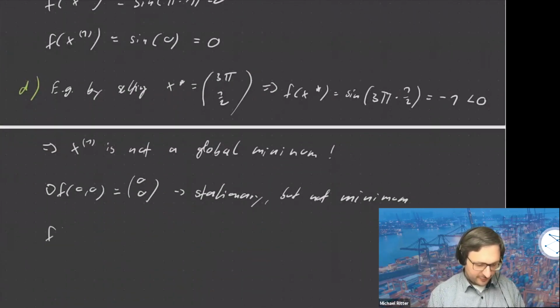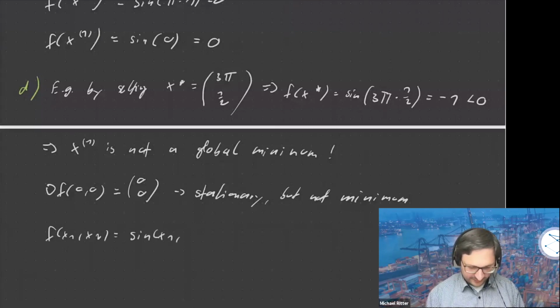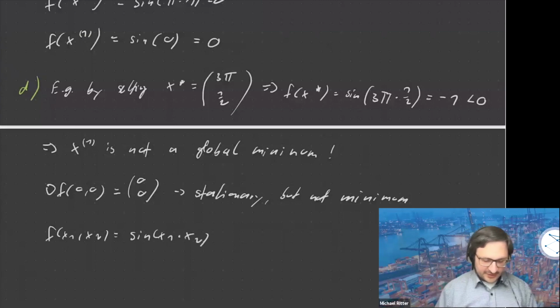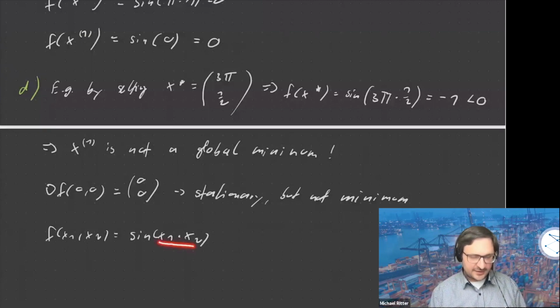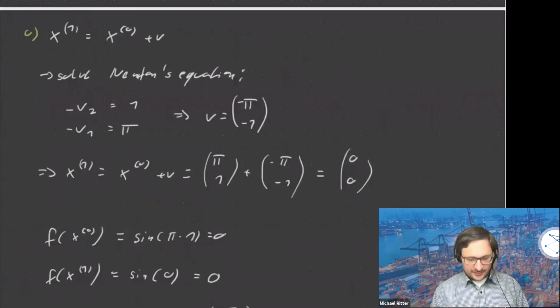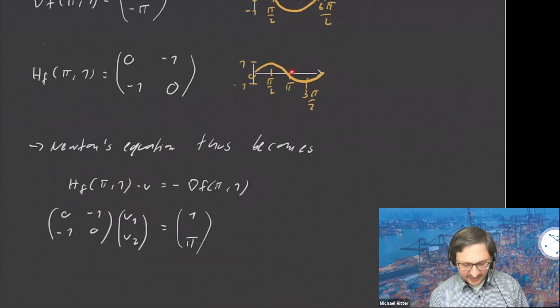So f, remember, f was defined as the sine of x1 times x2. So the question is, can we get function values that are less than 0 here? And we can get those if we can steer this argument here in the middle somewhere into that interval where we have those function values. So basically, the only question is, can we find x1, x2 such that the product of those two is in this interval?